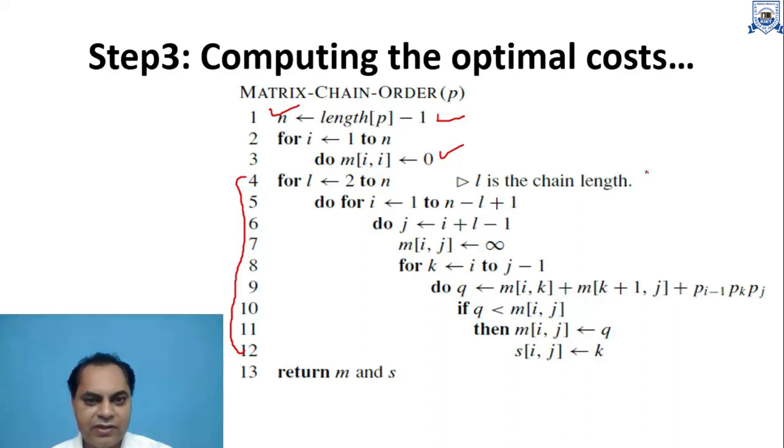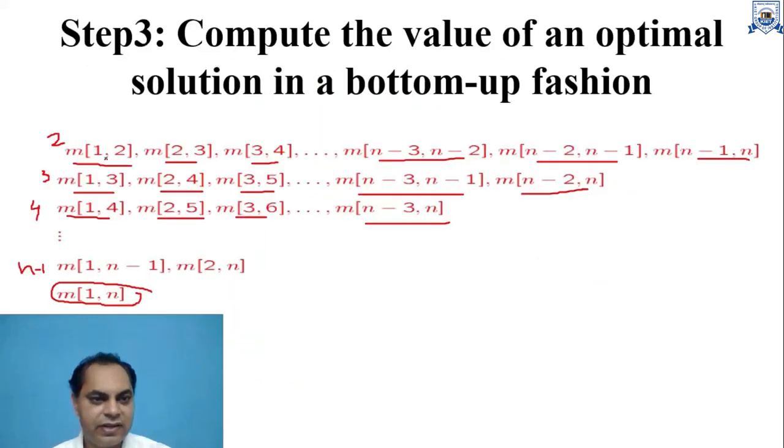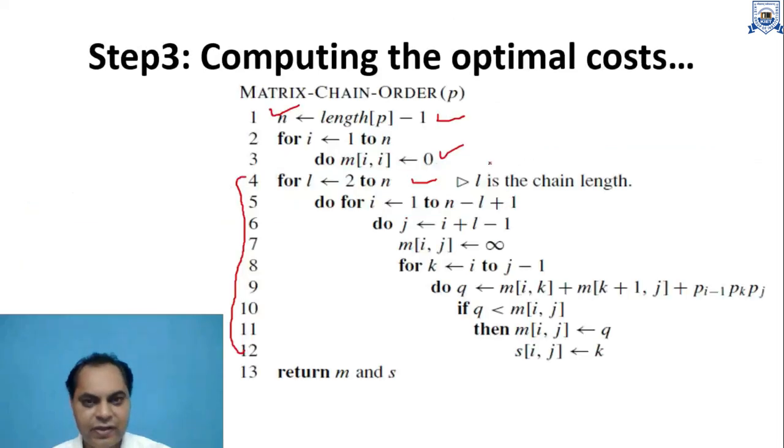Now the for loop from line number 4 to 12 does the actual work. First of all, we keep the chain length as 2. That means we find the solutions for length 2 as we did in the last slide: first we solve m[1][2], m[2][3], m[3][4], and so on up to m[n-1][n].